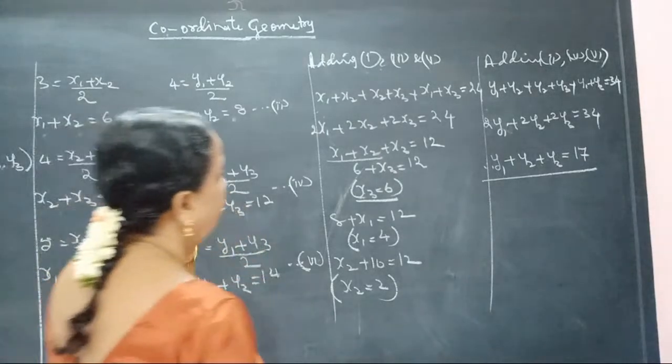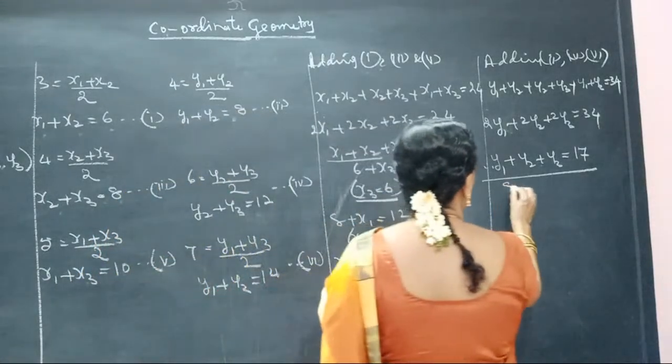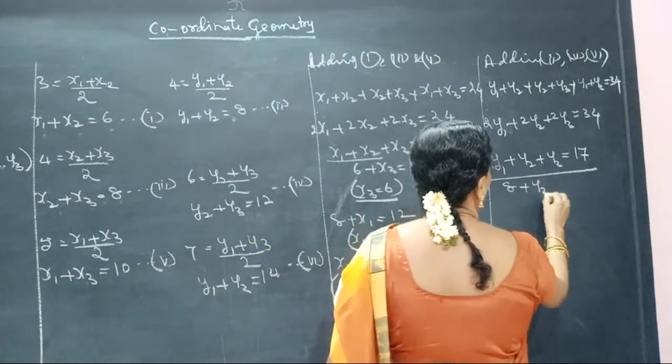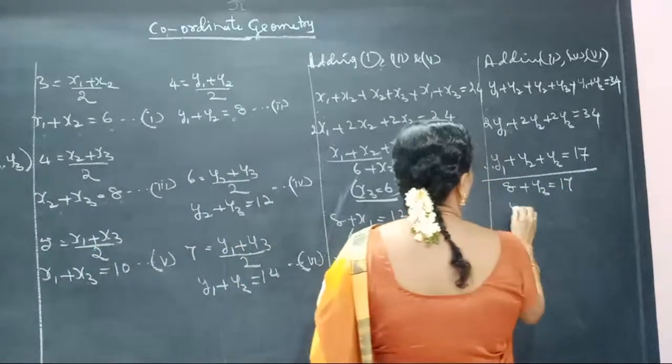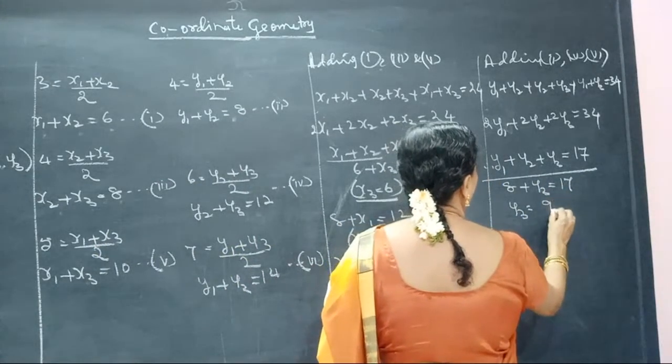Now y1 plus y2 is 8, plus y3 equals 17. So y3 equals 17 minus 8, which is 9.